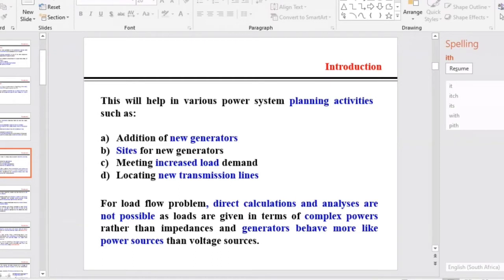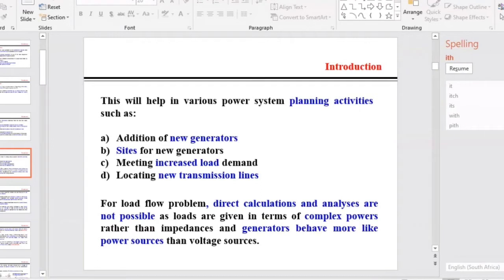But in this case, generators are the sources and they behave like power sources because they are supplying that active and reactive power which is going to be consumed by the loads, which are also power. So in this case, we are dealing with power. Both the generator and the load have complex power, P and Q, active and reactive.